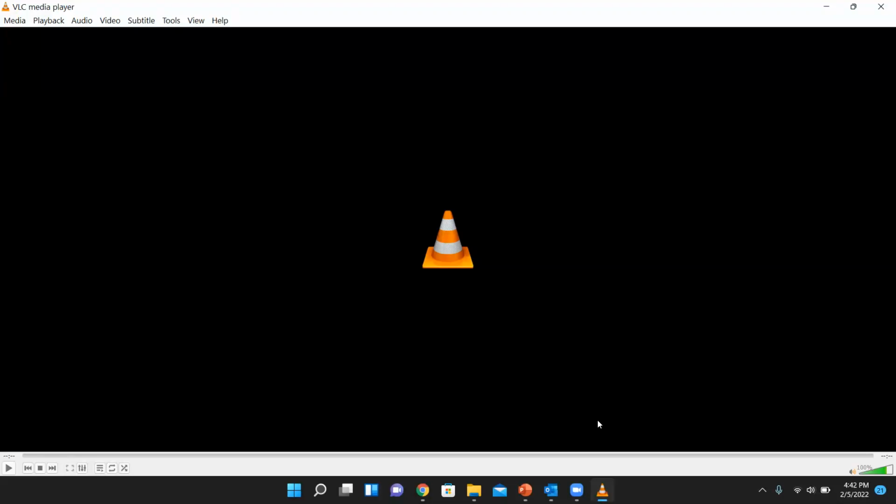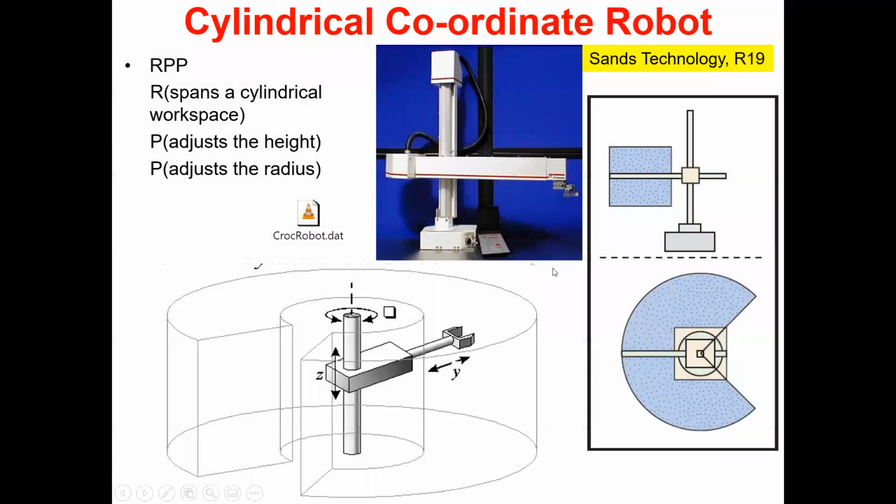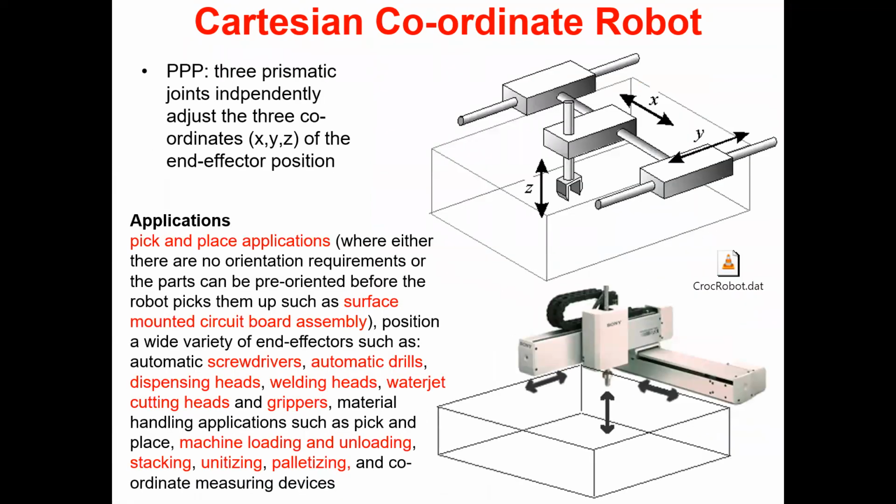Similarly, in robots, you have these joints where one link is, I can't say stationary, but relatively stationary. With respect to that link, the following link is moving. So in robotics, we have a shorthand notation for the manipulators. If the manipulator has all linear joints, or prismatic joints, like in the case of the XYZ Cartesian manipulator, we give it the short name PPP.